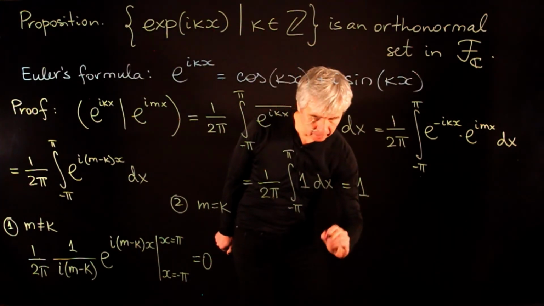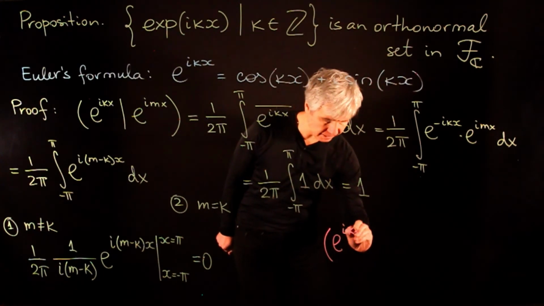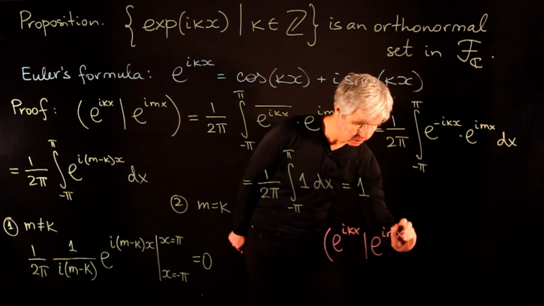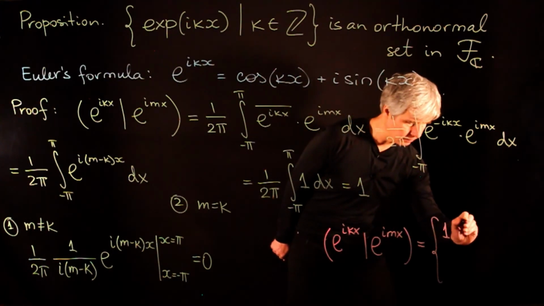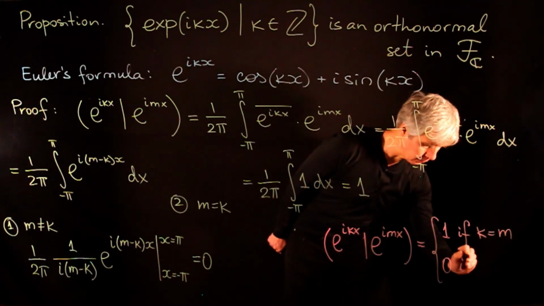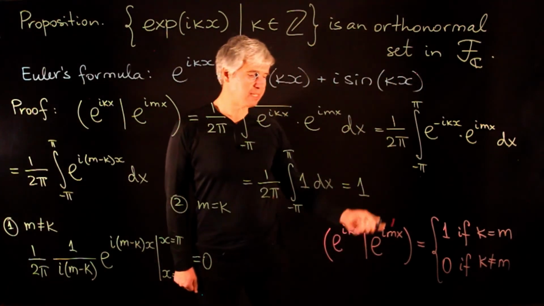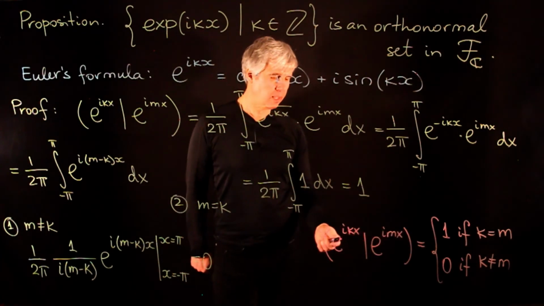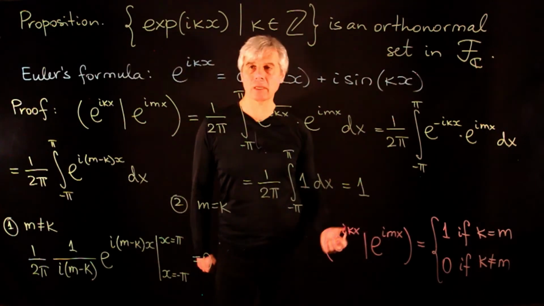So summarizing, we get that the value of the Hermitian form between e to the ikx and e to the imx is equal to 1 if k is equal to m, and it is equal to 0 if k is not equal to m, which precisely says that distinct functions are orthogonal to each other, and the length of a single function is equal to 1.